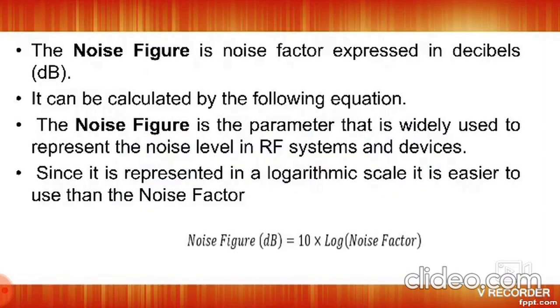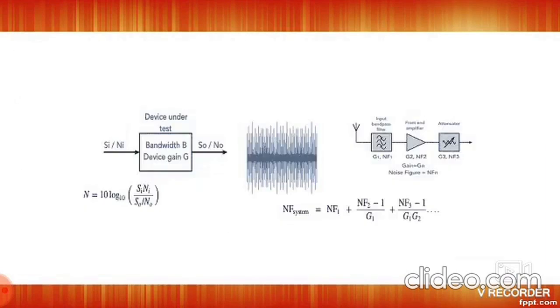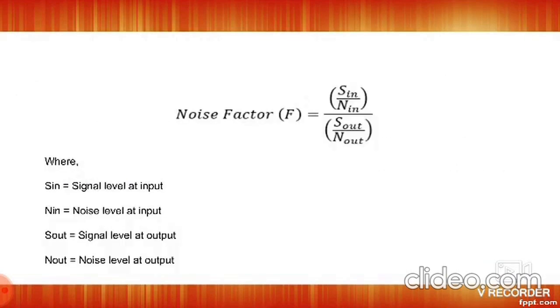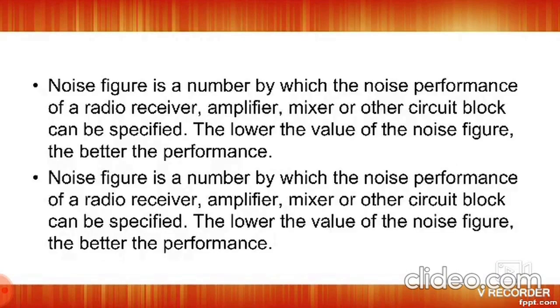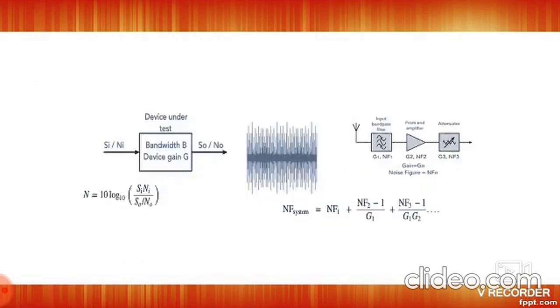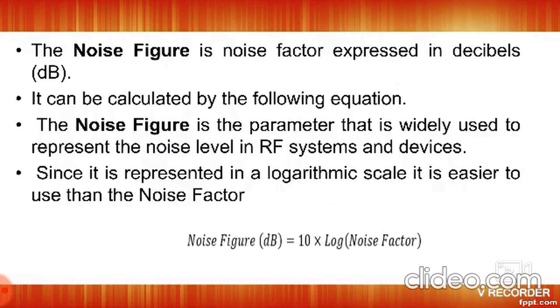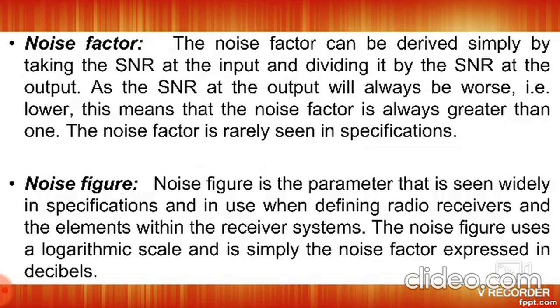The noise factor is calculated as F, and the noise figure, which is calculated in dB, is 10 log of the noise factor. So 10 log of the noise factor is equal to the noise figure. The noise factor is simply the ratio between input signal to noise power divided by output signal to noise power.